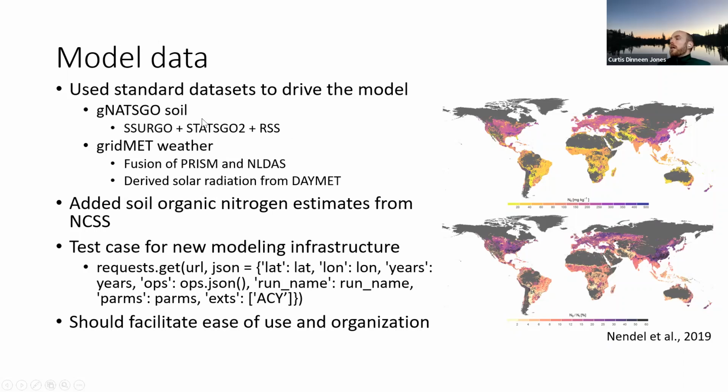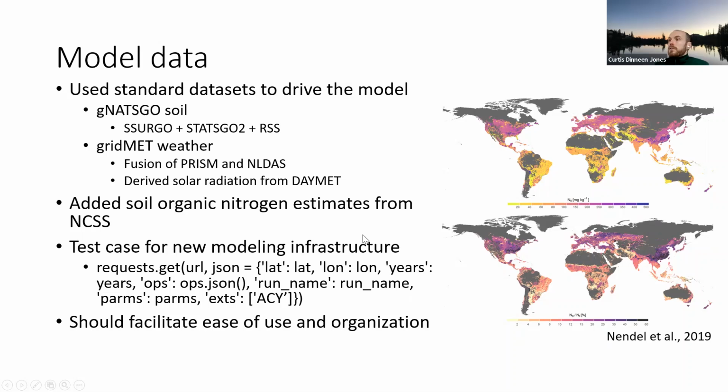There's an integrated product that is supposed to be a little bit better, but for most areas it's essentially SSURGO. And looking at some different weather products, we're using the gridMET weather data set, which is a fusion of PRISM and NLDAS. These are all gridded or survey data sets for weather and soil, and we also take solar radiation from Daymet on top because of known biases in the NLDAS solar radiation data.